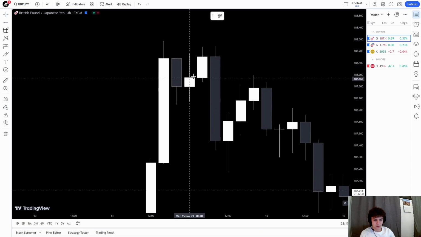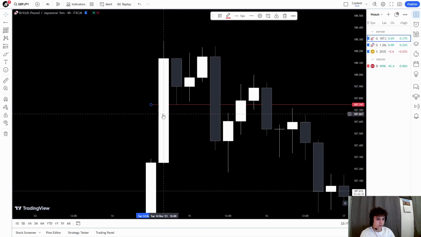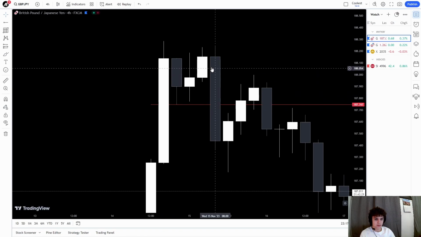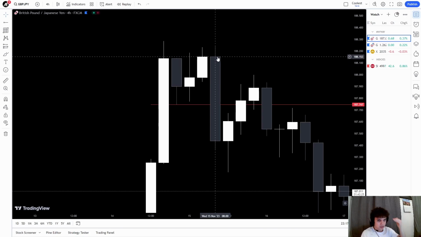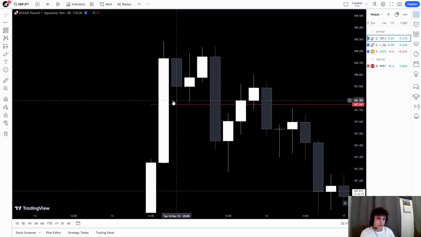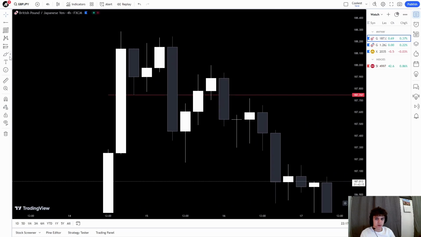Because a down candle followed by an up candle. This is the prominent low, and it counts. We mark it. What happens here? This big down candle closes below this low. Okay, that's a break of structure.